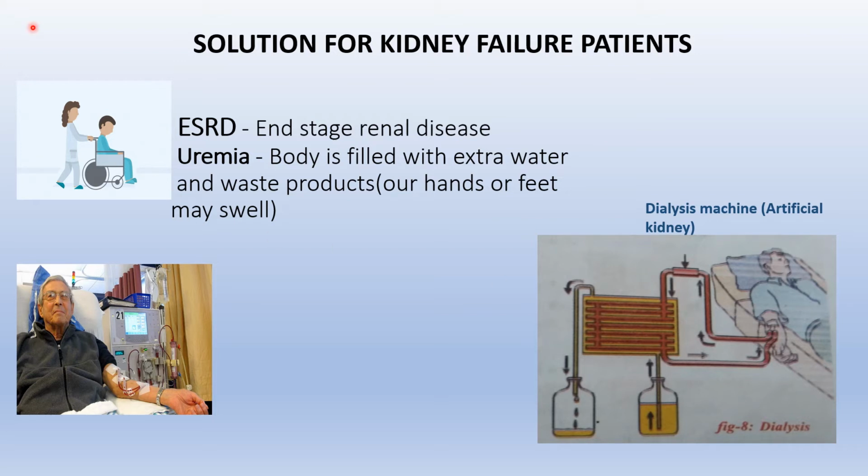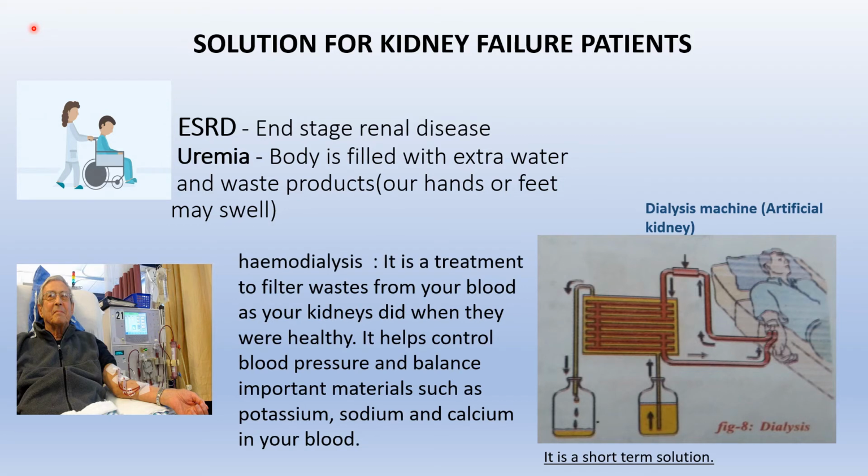Now let us see what is hemodialysis. Hemodialysis is a treatment to filter waste from our blood as your kidneys did when they were healthy. It helps control blood pressure and balance important materials such as potassium, sodium and calcium in your blood.